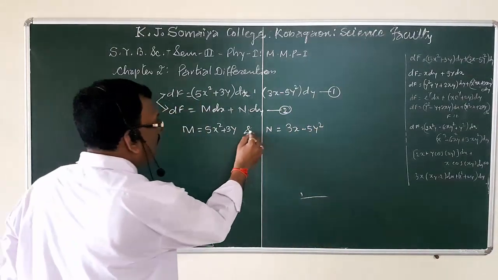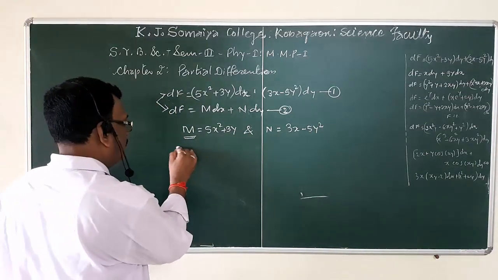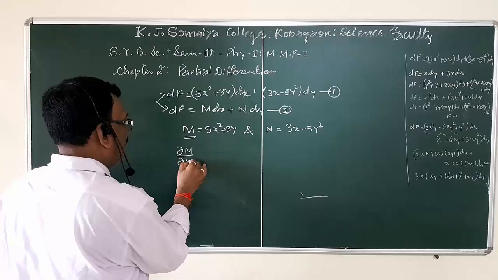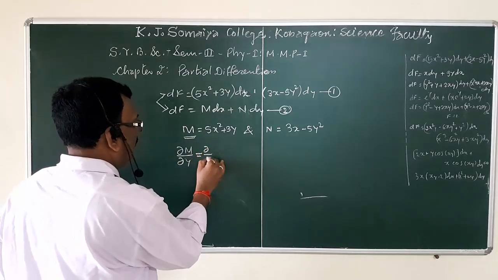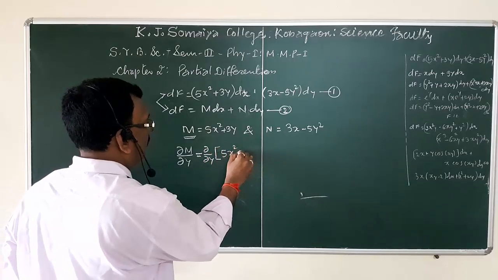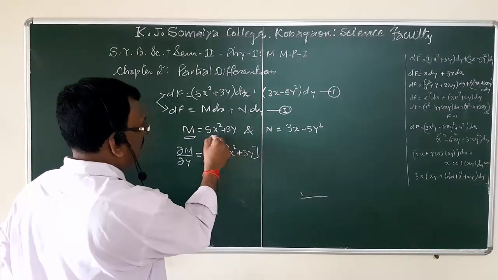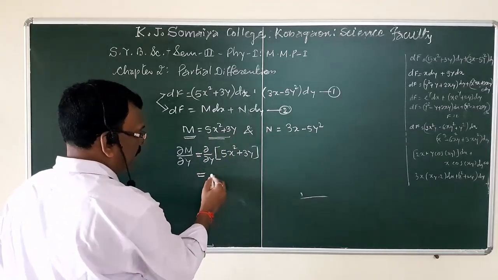When we take the differentiation of m with respect to y, we get del m by del y is equal to del by del y of m, substituting the value of m, that is 5x square plus 3y. Solve this differentiation.